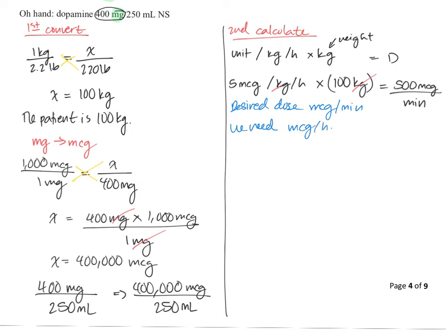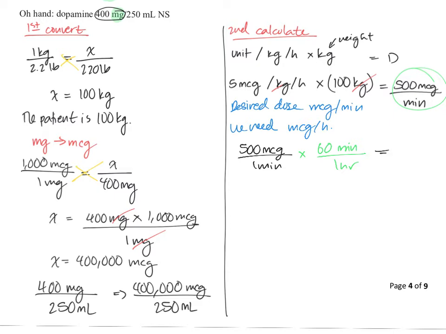So we're going to convert micrograms per minute to micrograms per hour by multiplying by 60 minutes per hour. We take the 500 micrograms per minute and multiply by 60 minutes in 1 hour.